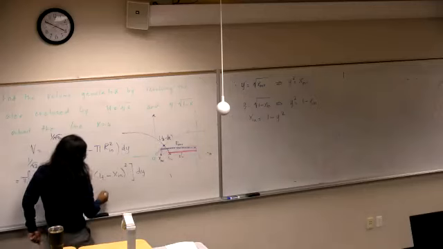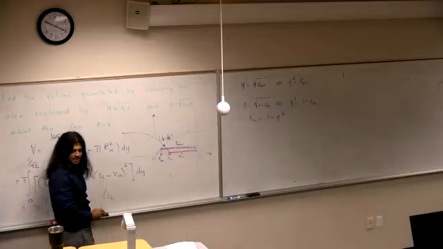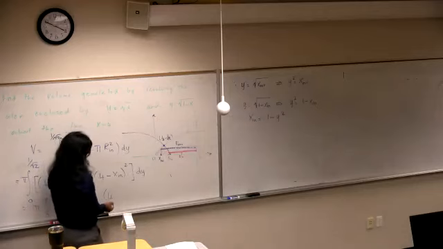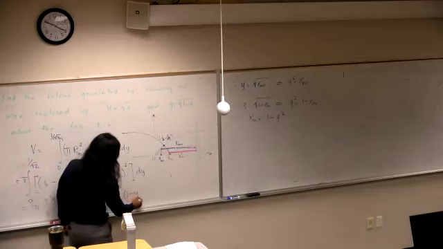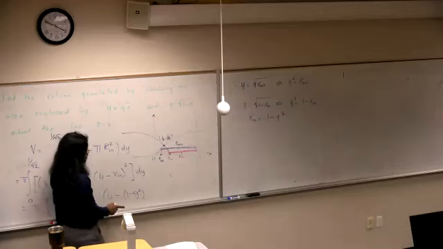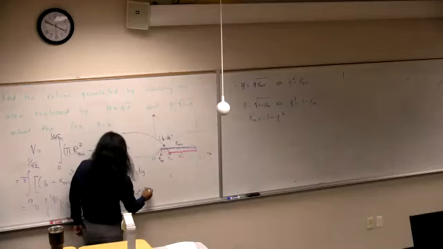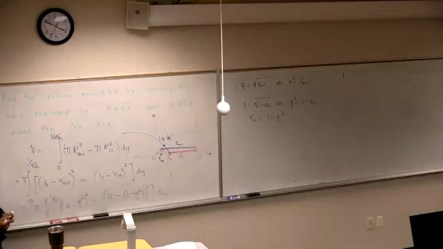4. As I went around, people didn't listen to me as always. Didn't put parentheses. Minus 1 minus y squared. Don't forget those parentheses, you are going to make a mistake. Good. Okay.